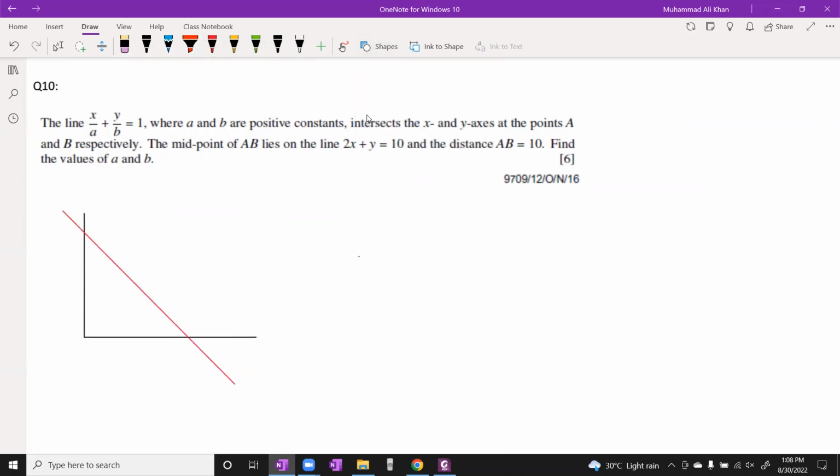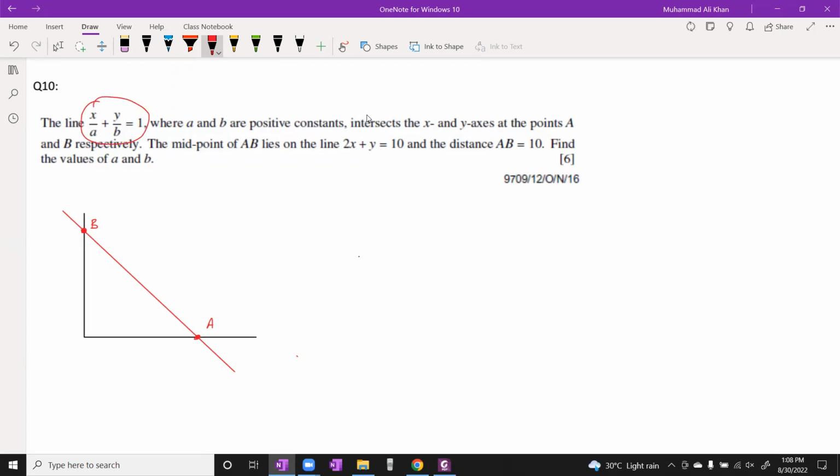Again, a line is here. Intersects x-axis and y-axis at points A and B respectively. Here it is B, here it is A. Equation of the line is given.